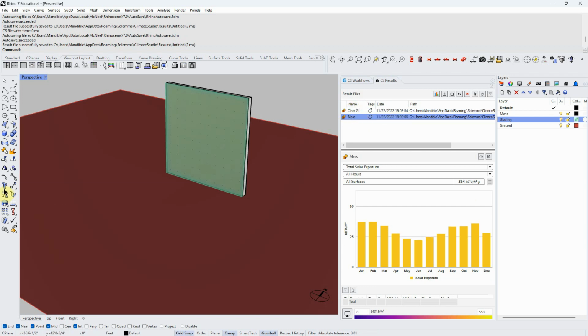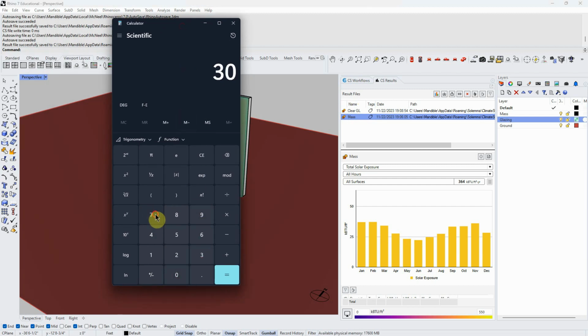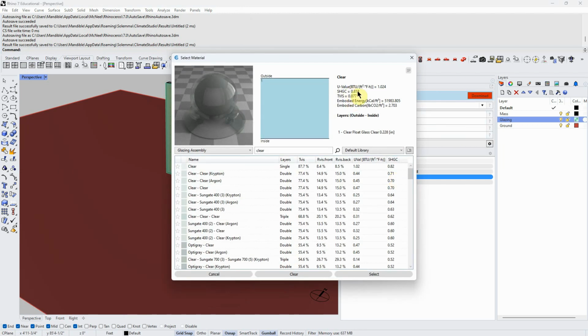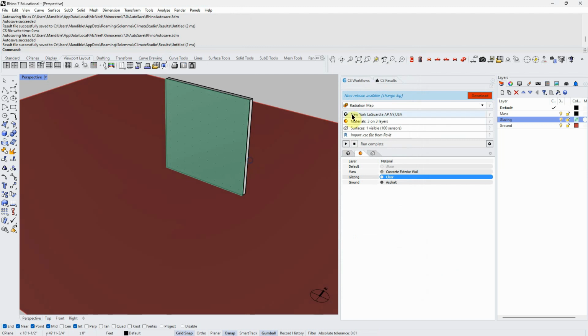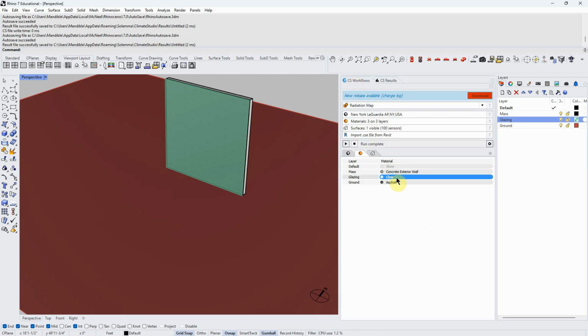Let's go back to this guy. 307 divided by 364 is 84%, and our glass is saying that 82% should get through, so that's pretty accurate, I would say.